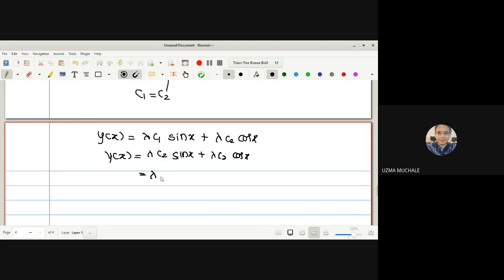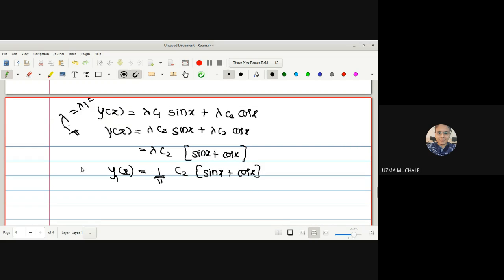Okay. If I take lambda C2 outside, inside the bracket I will have sin x plus cos x. Correct? C2 is a constant, right? And here we are working for lambda equal to lambda 1, which is equal to 1 upon pi. So here we have to substitute the first one. You can rename this as y1, since we are working for the first value of lambda. So corresponding to lambda 1 equal to 1 upon pi, we get y1 is equal to C2 upon pi times sin x plus cos x.